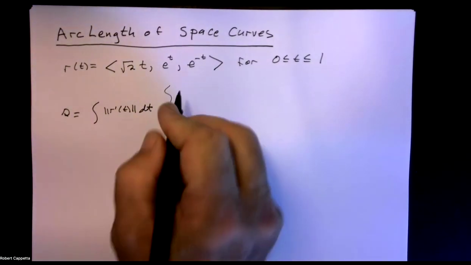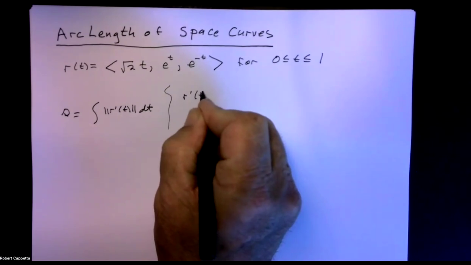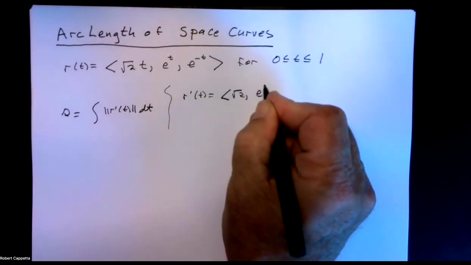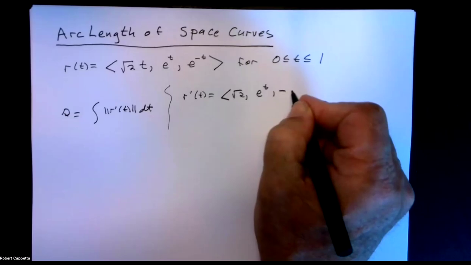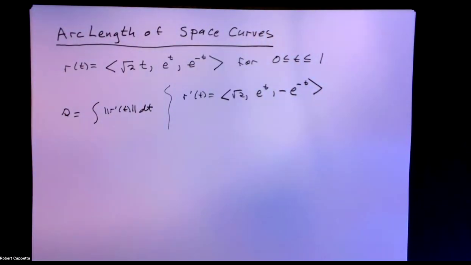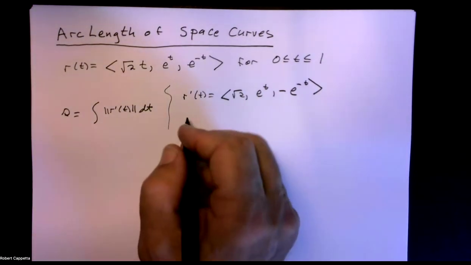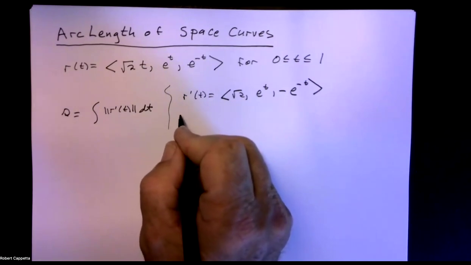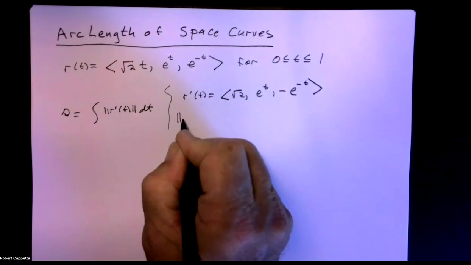So let's start with the velocity here. r'(t) is ⟨√2, e^t, -e^(-t)⟩. So that's our velocity. So the speed is the square root of r' dot r', also known as the magnitude of the velocity.